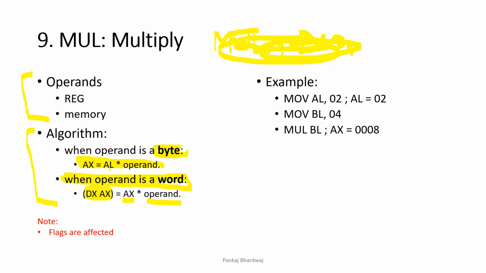So MUL source, if we want to supply, then for example MOV AL, 02, that means 02 is moved to AL, and 04 is moved into BL. Now if we want to multiply AL and BL, then the result will by default be stored in AX, and that will be AL multiplied with BL, the other operand. So BL, that is 4, multiplied with 2, will get 8. Flags we need to check.